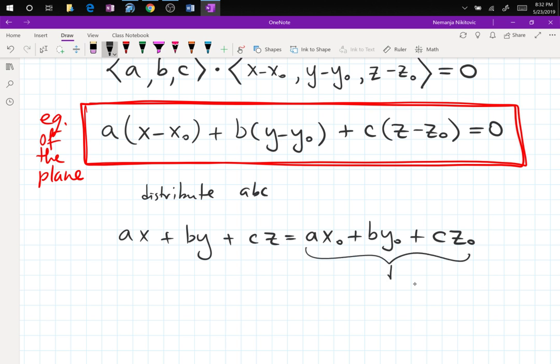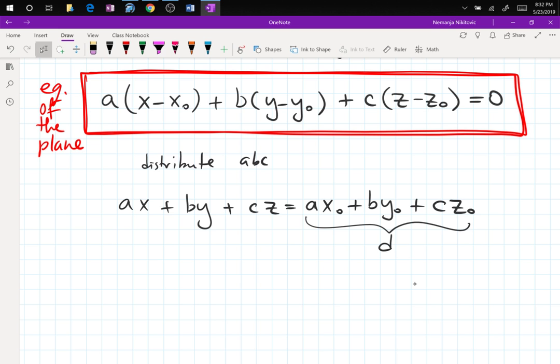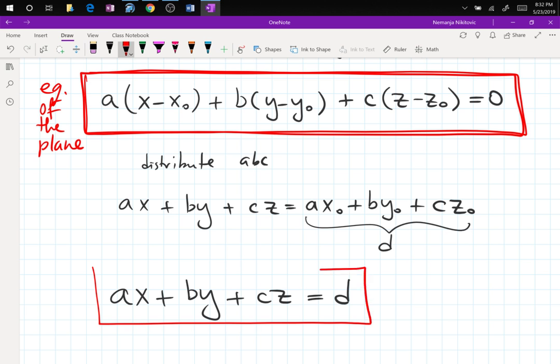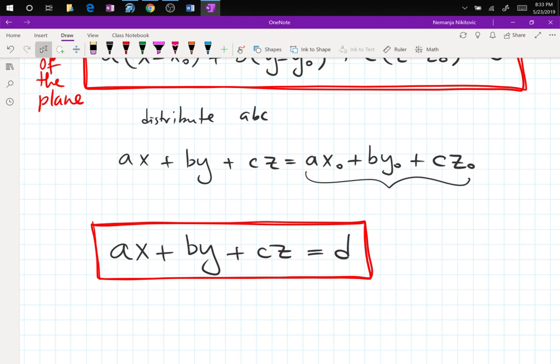And I'm going to call all of this constant D because that's all numbers, and get to this more compact equation for the equation of the plane, where this D is given as all of this stuff. Call that D.